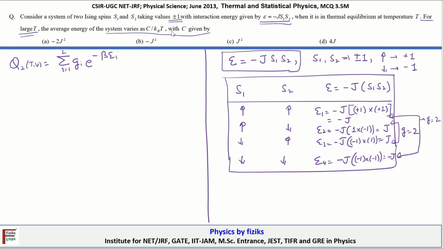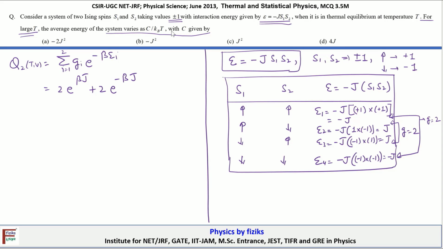The degeneracy of each energy level is 2, so that is equal to 2 exponential minus beta into minus J, that will give you 2 exponential beta J, plus the second, 2 exponential minus beta J.